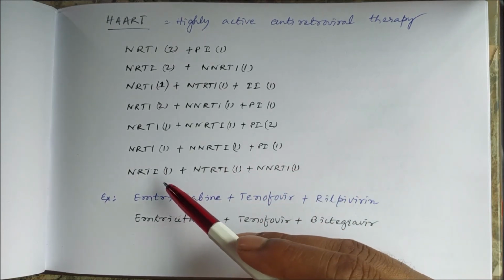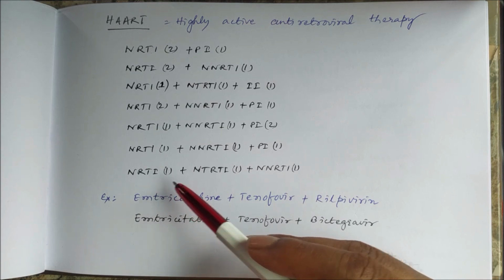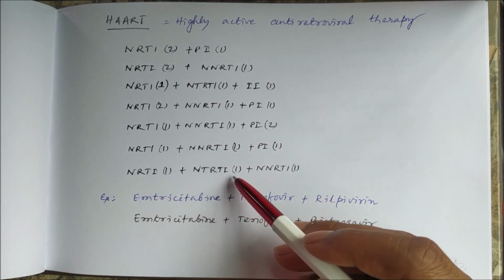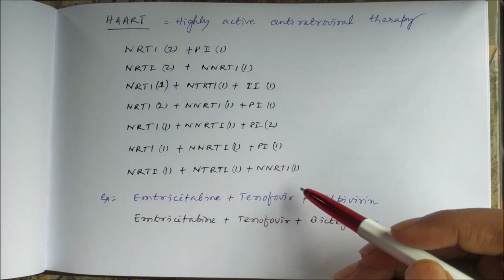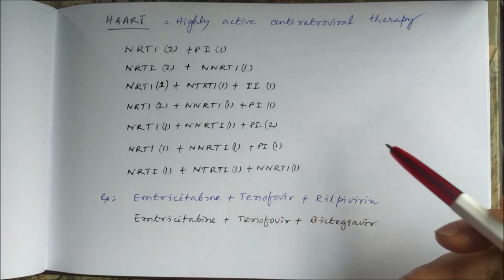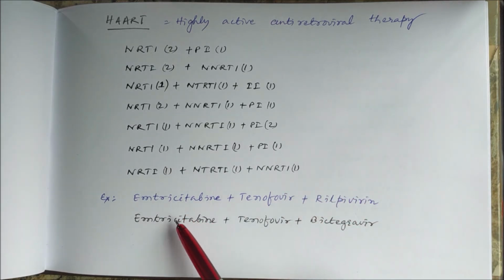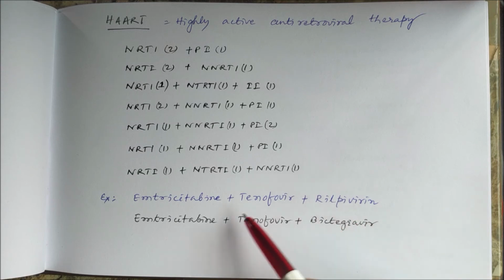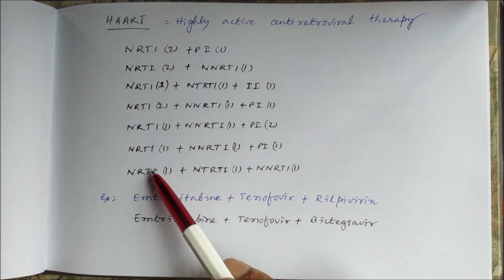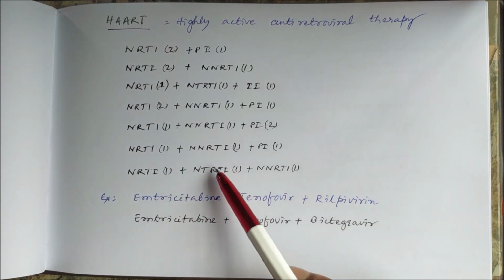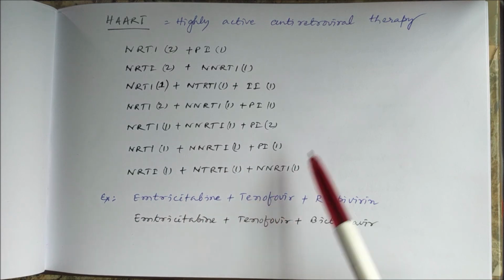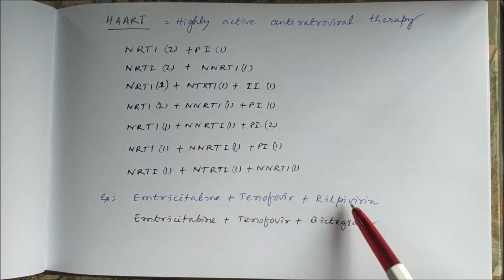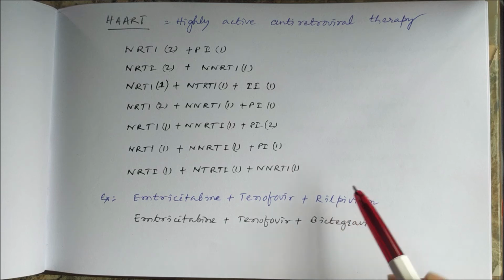Or it can be one nucleoside reverse transcriptase inhibitor, one nucleotide reverse transcriptase inhibitor, and one non-nucleoside reverse transcriptase inhibitor. So we can see here examples: emtricitabine plus tenofovir plus rilpivirine. So this is an example of one nucleoside reverse transcriptase inhibitor, one nucleotide reverse transcriptase inhibitor, and one non-nucleoside reverse transcriptase inhibitor.